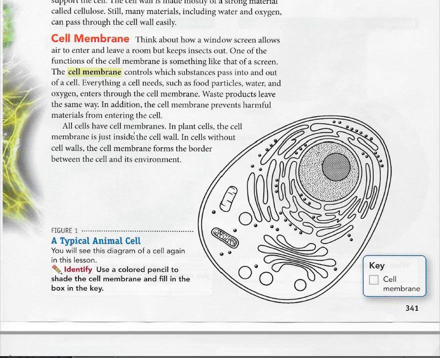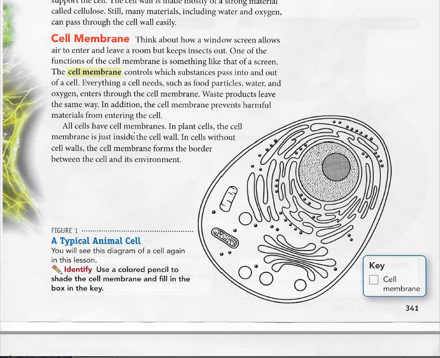Cell membrane. Think about how a window screen allows air to enter and leave a room, but keeps insects out. One of the functions of the cell membrane is something like that of a screen. The cell membrane controls which substances pass into and out of a cell. Everything a cell needs, such as food particles, water, and oxygen, enters through the cell membrane.